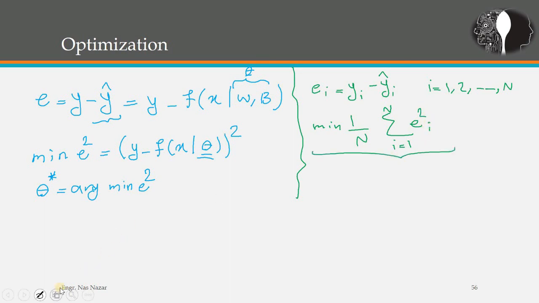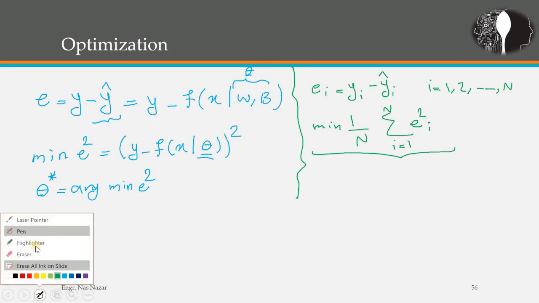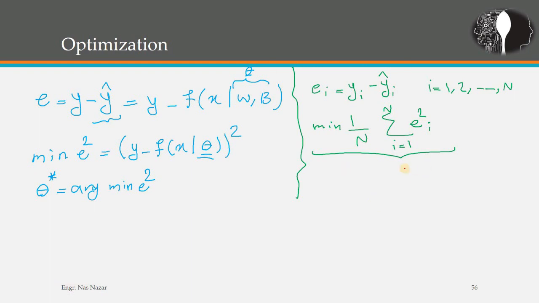This is nothing but the mean square error. And this is not specifically for artificial neural networks. We can also use this one for fuzzy systems. This is called MSE, or mean square error.